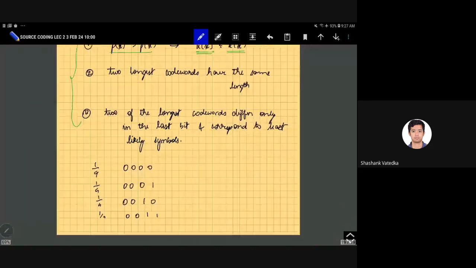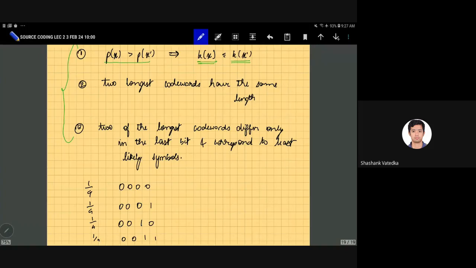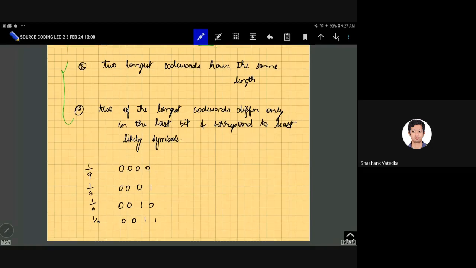And is this code that I've written down canonical? Does it satisfy property 1? It does. Does it satisfy property 2? It does, because all code words have the same length. And in fact, 2 of the longest code words differ only in the last bit, and the other 2 also differ only in the last bit. So it satisfies all 3 properties.